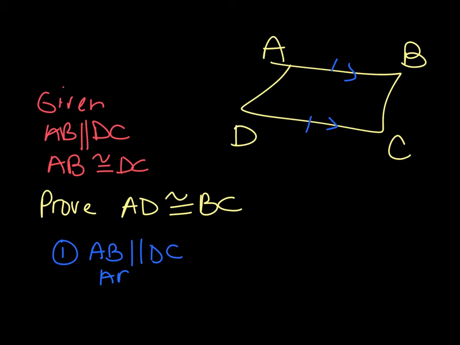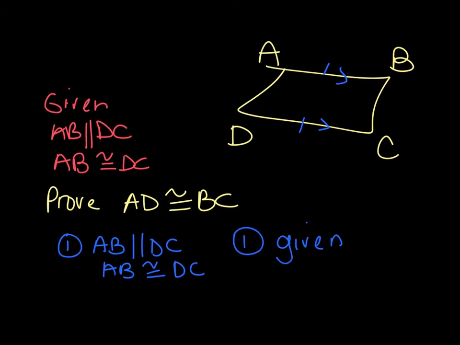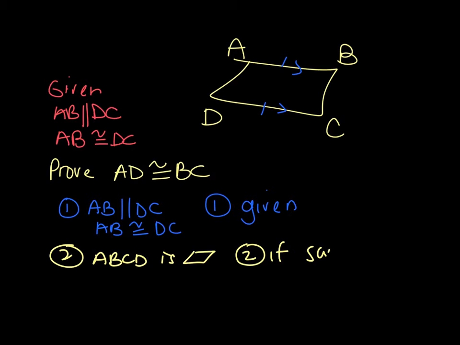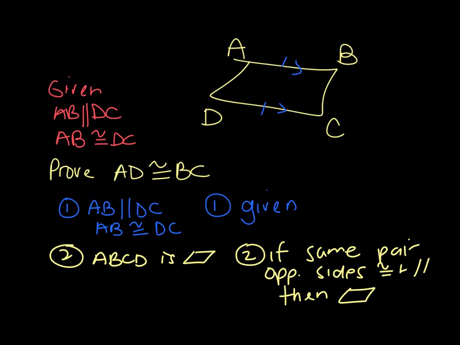Logan. Good. So if this is given to me, then I can state that this shape, ABCD, is a parallelogram because if same pair of opposite sides are congruent and parallel, then it's a parallelogram.